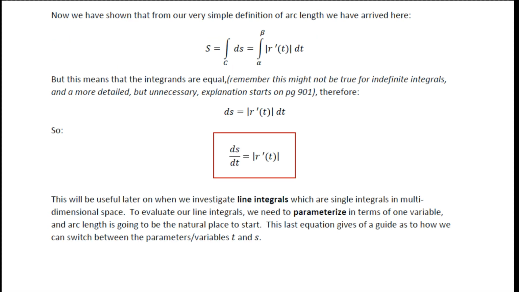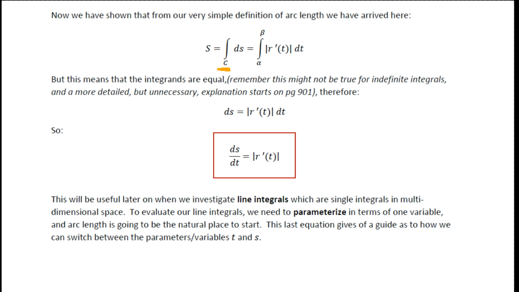Now, from what we started with, this simple equation, right? This integral that arc length is equal to the integral over my curve C of all these tiny little ds's, we just showed that this is equal to this same integral as well. Well, if those integrals are the same and we're integrating over the same part, right?